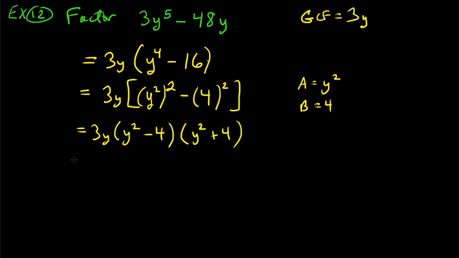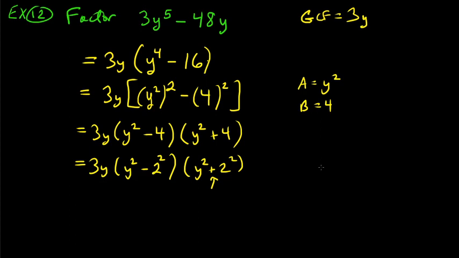The reason why it's not done is because y squared minus 4, but 4 is 2 squared. And it doesn't matter here because this is a sum, and sums are not factorable. So we'll leave this as y squared plus 4, right?